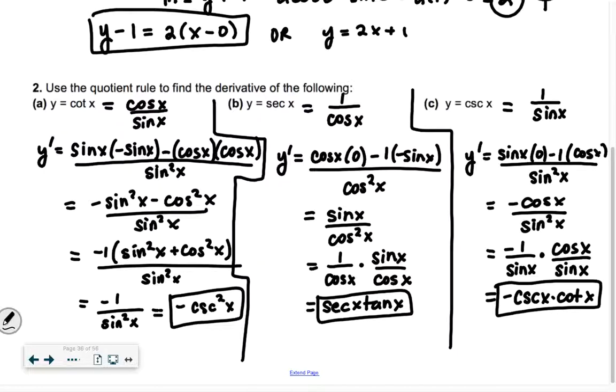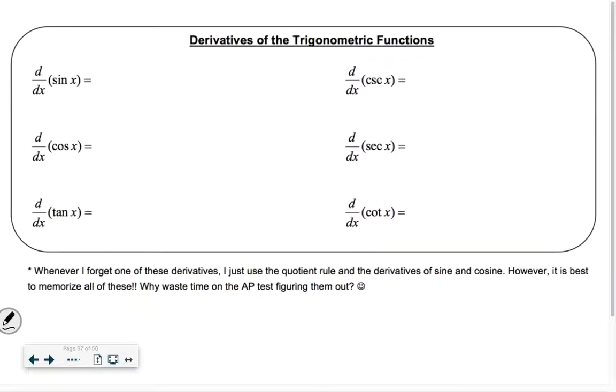So there's a bit of a pattern to these. So here's how it goes. The derivative of sine was cosine, and the derivative of cosine was negative sine. Sine and cosine are what we call cofunctions. I don't know if you guys remember from pre-calc, but basically they're the same shape.